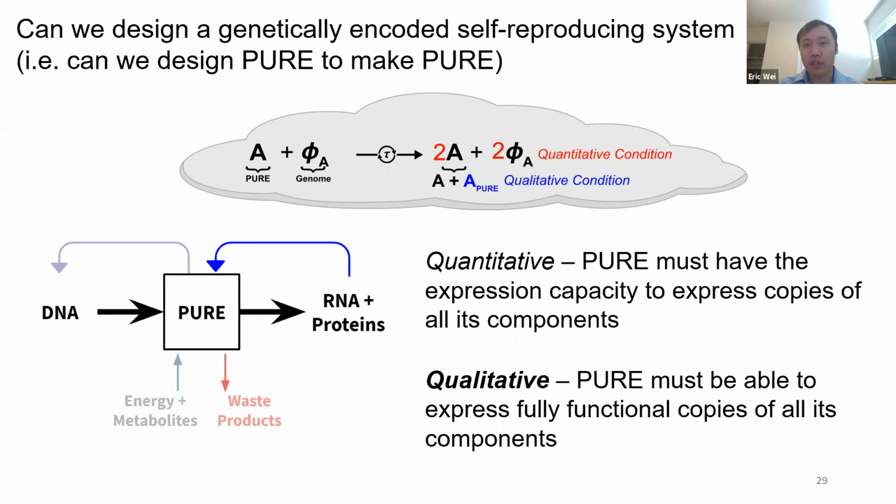But I do think that moving from a batch PURE environment to more encapsulated free exchange systems will be necessary in order to achieve a self-replicating PURE system. So any efforts that are able to increase the expression capacity of PURE, either by swapping out its metabolism, to better renew its resources, or to identify what's breaking down in PURE.